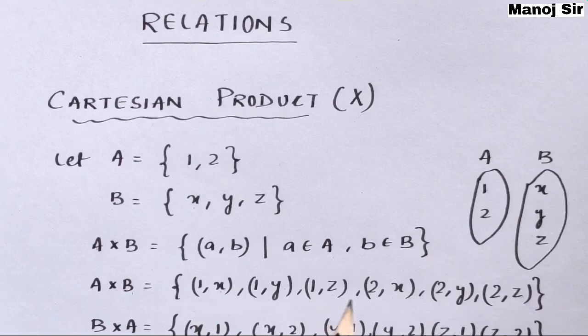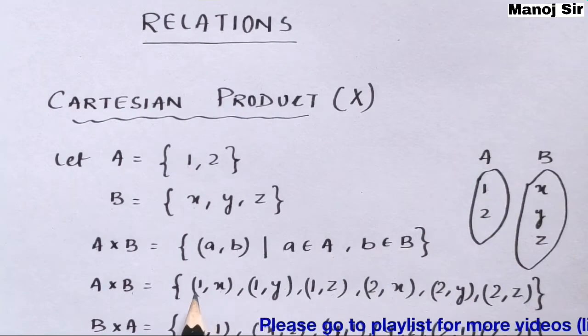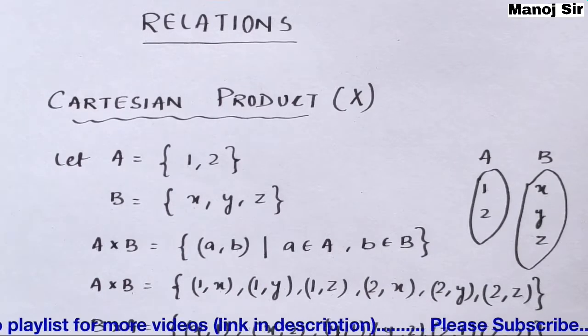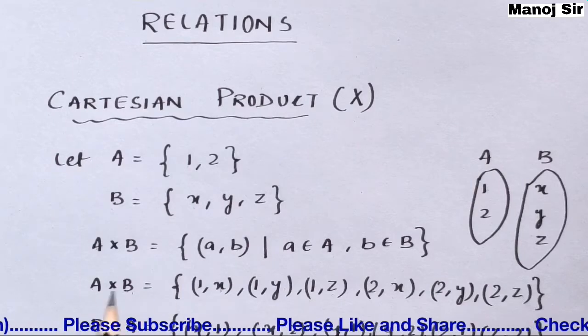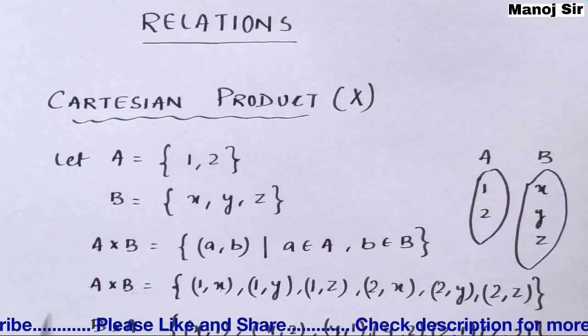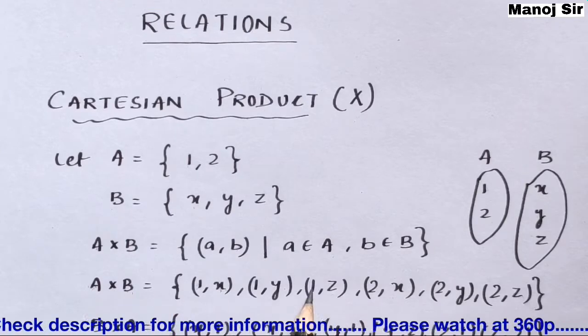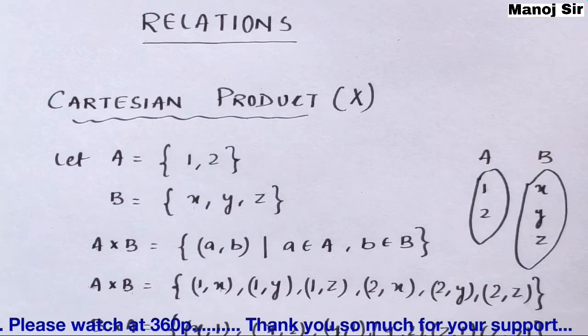These are all ordered pairs, so the order matters. We cannot write 1 comma x as x comma 1, because x belongs to B and 1 belongs to A. Here also 2 belongs to A, x belongs to B, and so on.